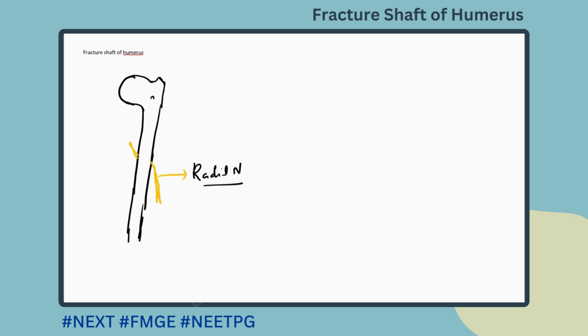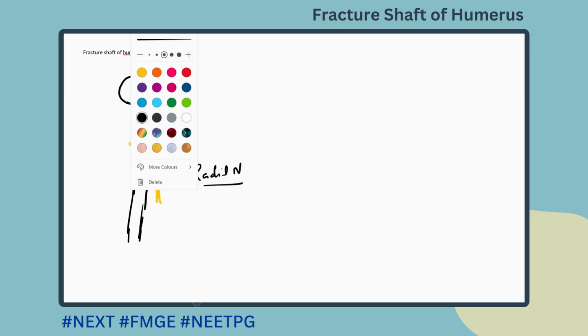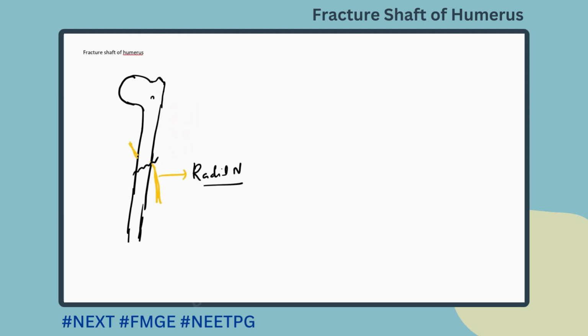So whenever there is a fracture of the humeral shaft, what is the nerve that is commonly injured? Radial nerve. Humeral shaft fractures are treated in two ways. One is conservatively, using a hanging cast, or it can be treated with intramedullary nails, or with open reduction and internal fixation with plates and screws.